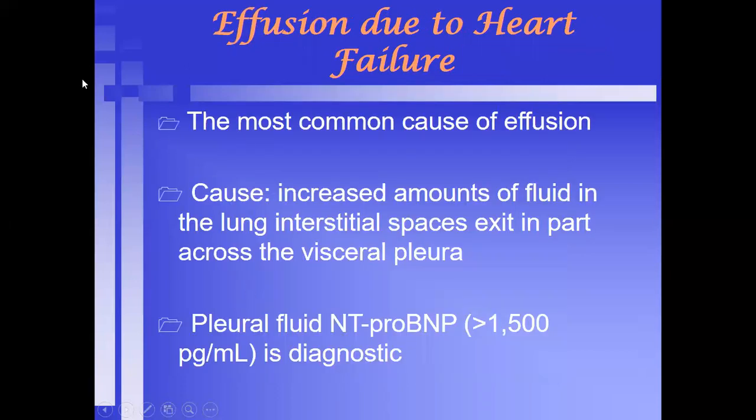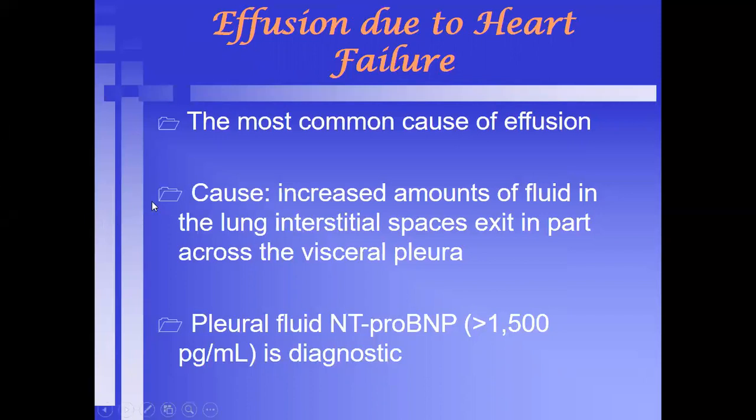Okay, so we will be discussing the different types of pleural effusion. First is effusion due to congestive heart failure. This is actually the most common cause of pleural effusion overall. If you combine both the transudative and exudative effusions, heart failure is still the most common cause of effusion.